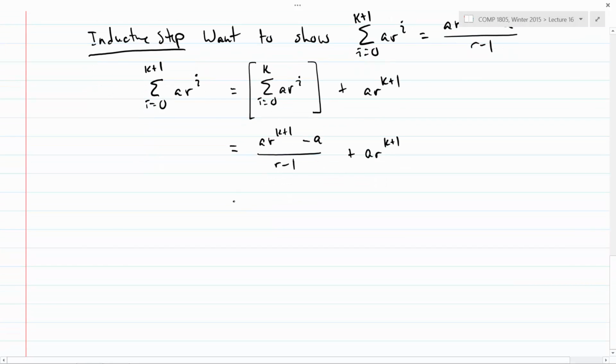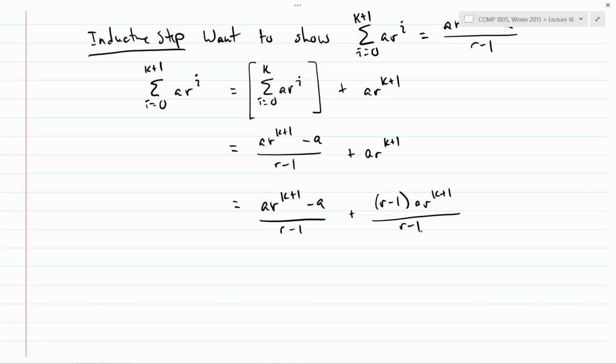And the common denominator should be R minus 1. So I have (AR to the k plus 1 minus A) over (R minus 1) plus (R minus 1) times AR to the k plus 1 over (R minus 1). Right? I found a common denominator of R minus 1. That's okay? You're comfortable doing addition of fractions?